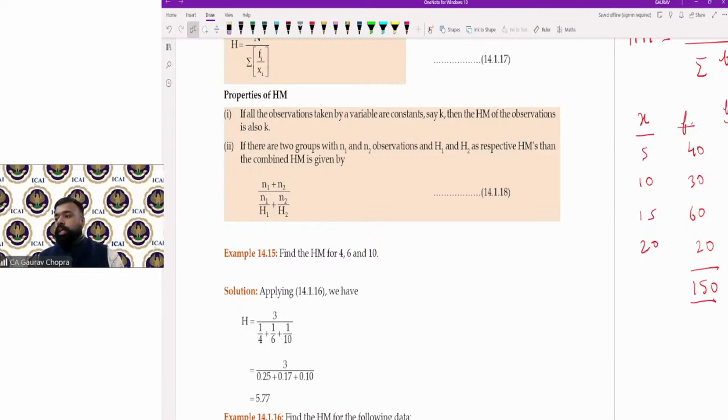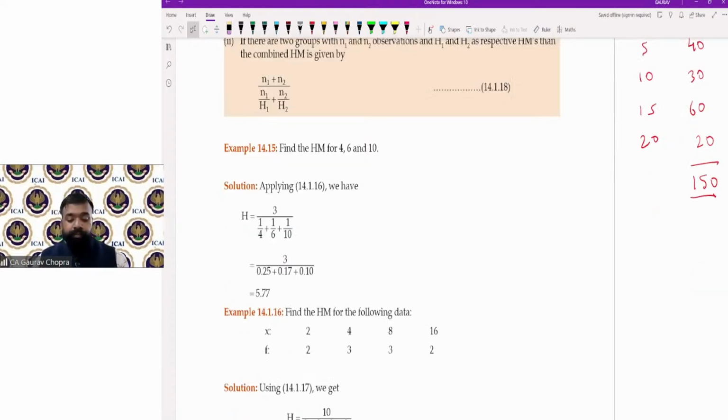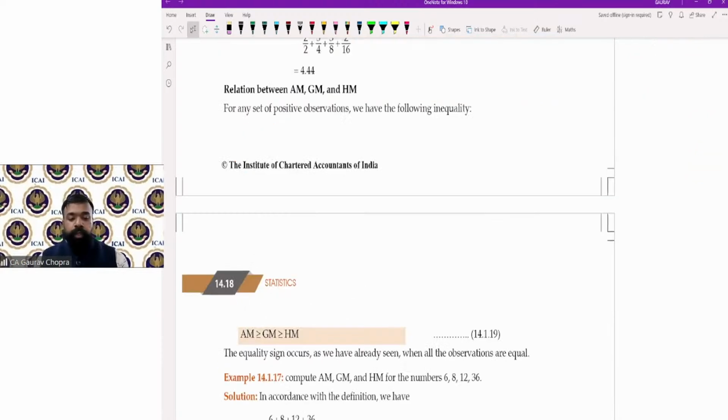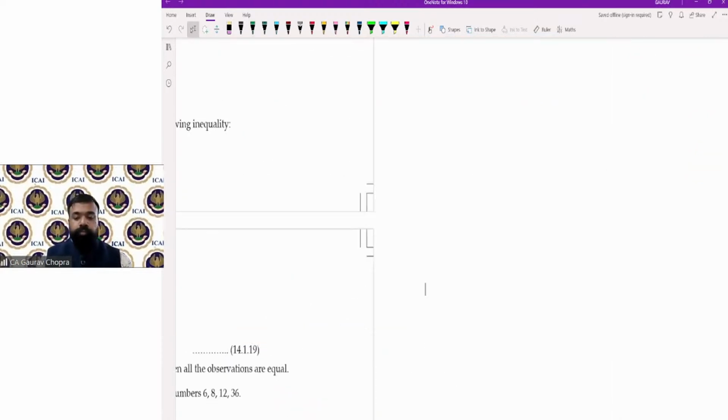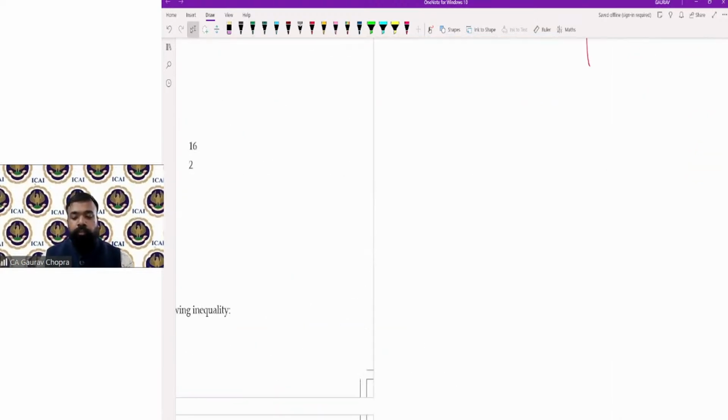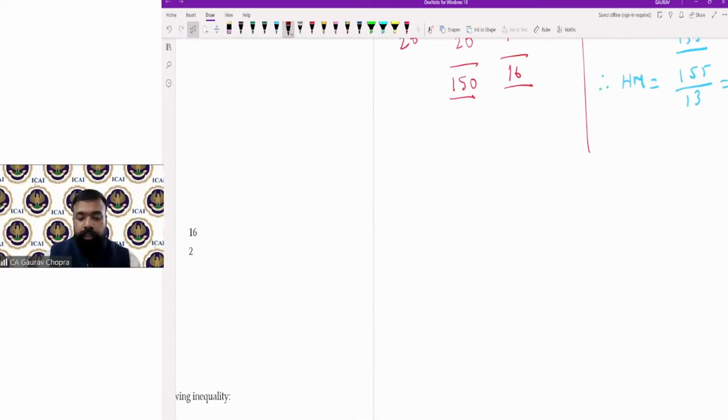So this is harmonic mean. Now, there is one more point in harmonic mean, that is about combined harmonic mean. Now, there is a simple formula for that. So let us write combined harmonic mean.